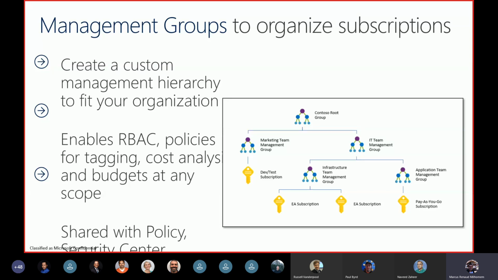So a management group is a way for you to regroup your subscriptions independently of the hierarchy that they are in. The hierarchy is much more for billing purposes, and you may organize your subscriptions into departments, business units, and so forth, because it's for billing purposes, right?